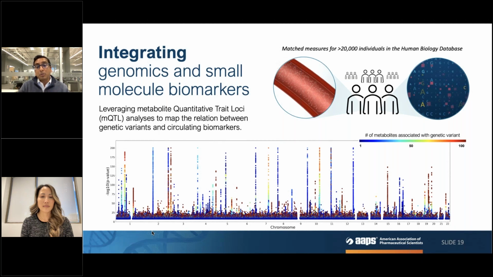And when we do this across ethnically diverse and genetically diverse individuals, you can see the resulting Manhattan plot, which is shown here in the bottom, whereby we can discover new genetic factors that integrate and associate with various small molecule biomarkers. This has proven to be extremely valuable as we discover these small molecule biomarkers to identify the biosynthetic pathways, the transport mechanisms, and the tissues that give rise to each of these factors in blood.